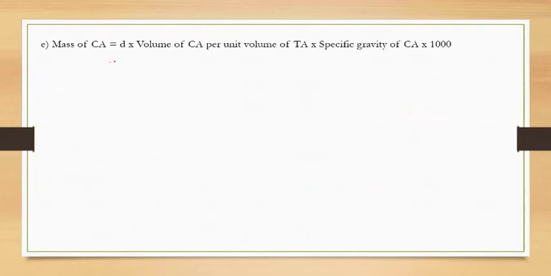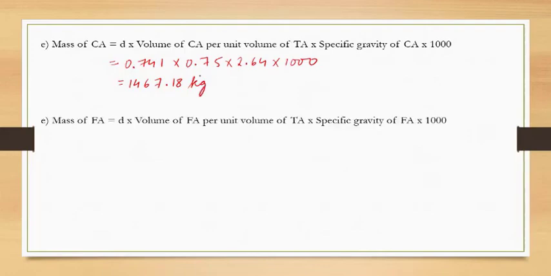So mass of coarse aggregate, we can write down 0.741 into volume of coarse aggregate per unit volume of total aggregate, we have 0.75. Specific gravity of coarse aggregate, given in the question, is 2.64 into 1000, and we get this as 1467.18 kg.